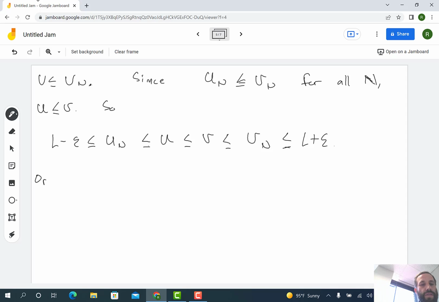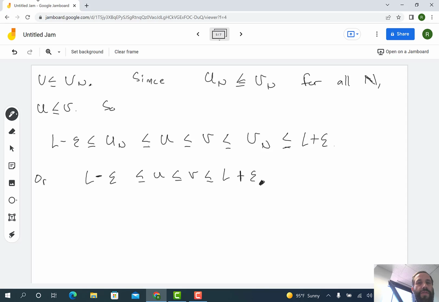Or we can deduce L minus epsilon is less than or equal to U, is less than or equal to V, is less than or equal to L plus epsilon. Now this is true for every epsilon greater than 0, since epsilon is arbitrary.